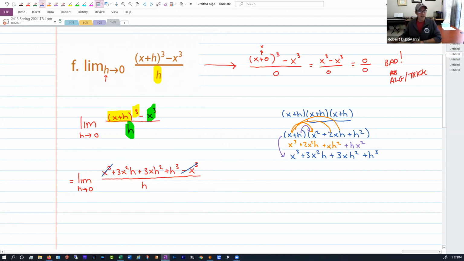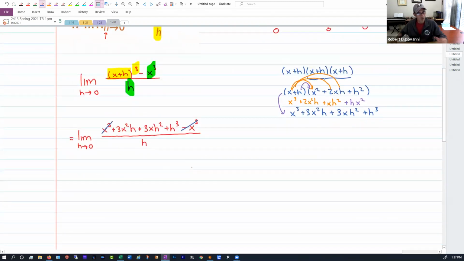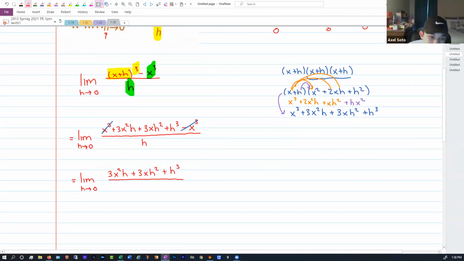And that just about saves the day, okay? Because watch what happens now. Everything that we have left, everything that's up there in the numerator. Axel, what does every term in the numerator have in it? An h. An h, which means I can factor an h out, right?